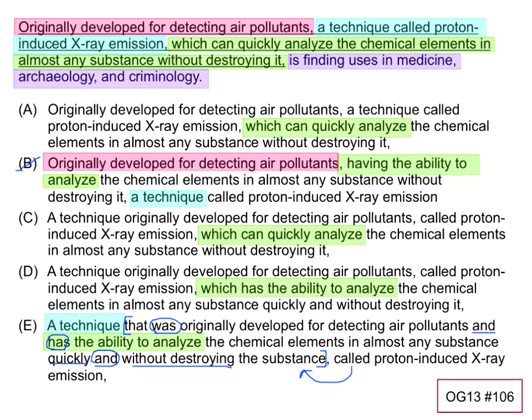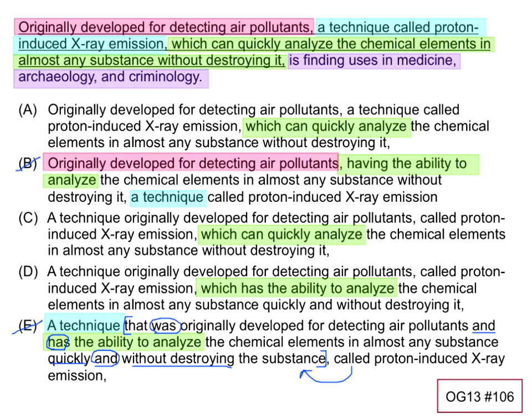If you only had this sentence, so if you had no idea that the technique was supposed to be called proton-induced X-ray emission, you'd be thinking the substance was called proton-induced X-ray emission. Yeah, that's a problem. All right, so E, oh, no good there. No good.